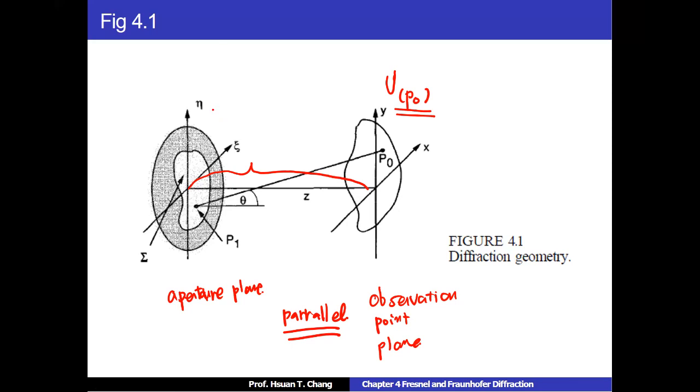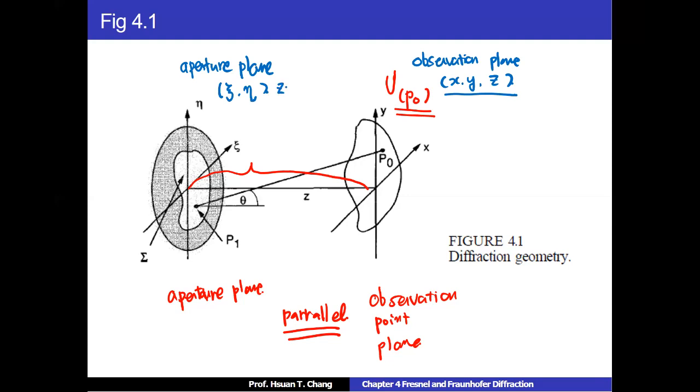Note the coordinates we are using. At the aperture plane, the coordinates are xi, eta, and at the observation plane we have x, y, and z, where we are going to assume z equal to 0 at the aperture plane. In the aperture plane, we have a certain aperture here.